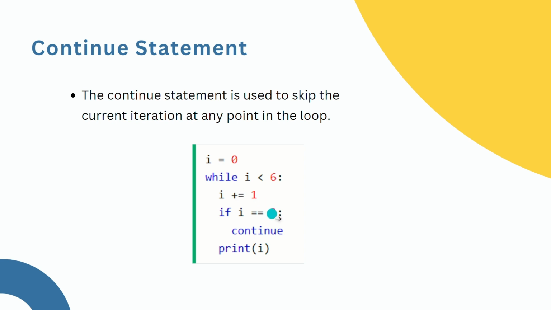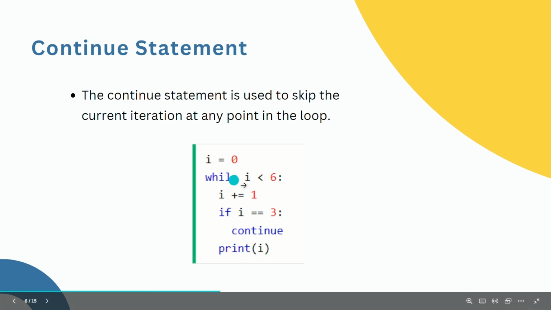Now over here we have the print statement after the if condition. So first I is 0, I's value will be updated to 1. Then it will check this if condition, 1 is not equal to 3, so the print statement will be executed, 1 will be printed. Now at 2, again 2 will be printed.